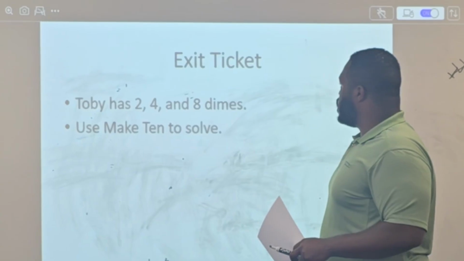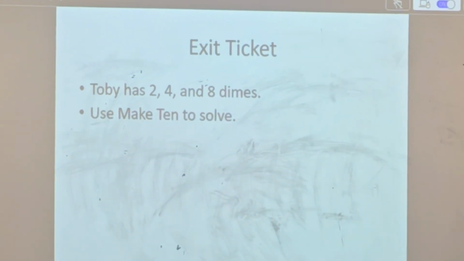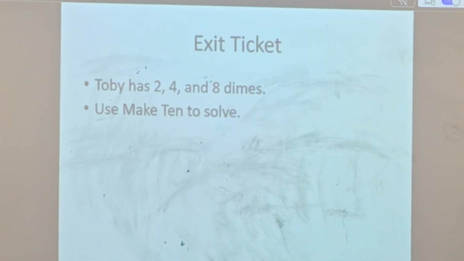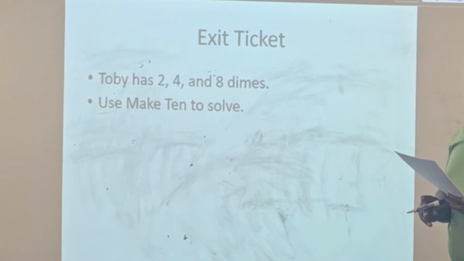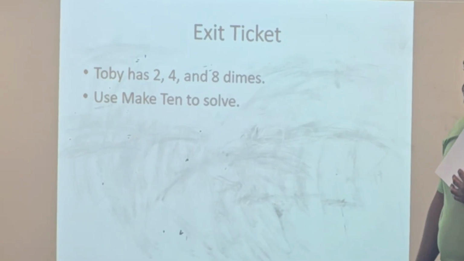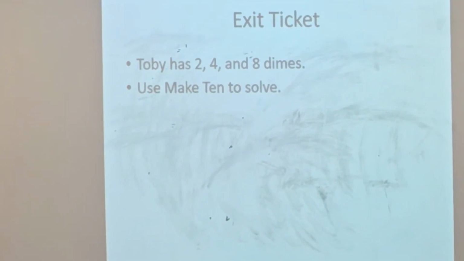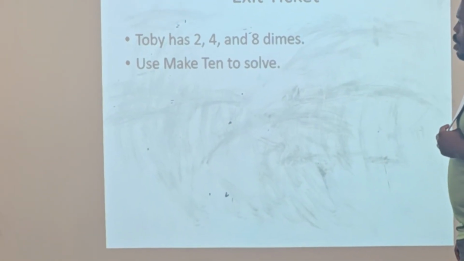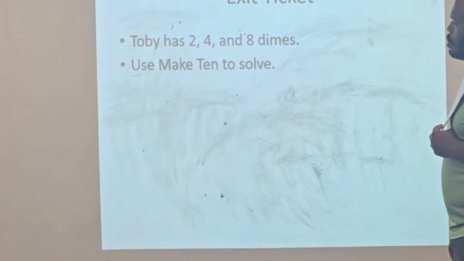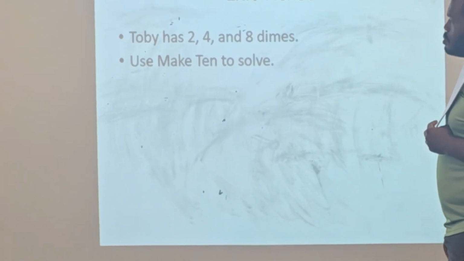Just by looking at this exit ticket, let's just say it's my first time, I don't know how to do this. What do I need to do? If it's your first time doing the exit ticket, you need to look closely. You got the 2 and the 4, but they do not equal a 10, so you need to look at the 8 plus the 2 and put them together.